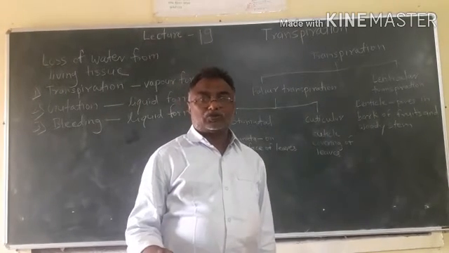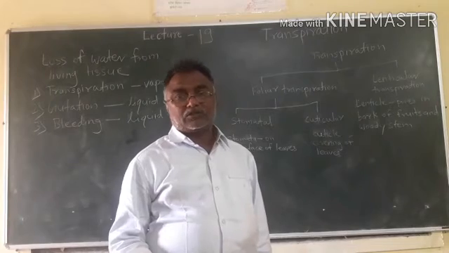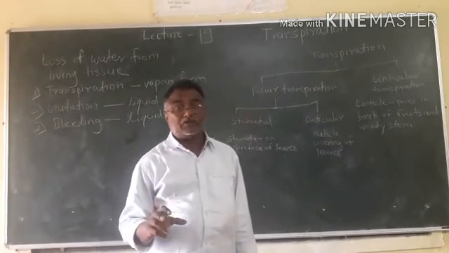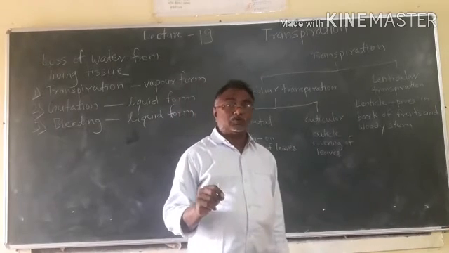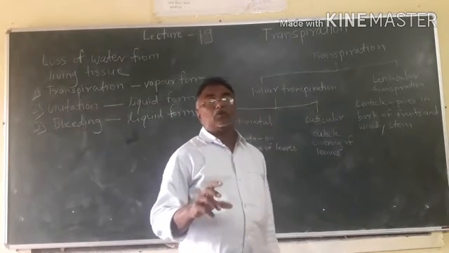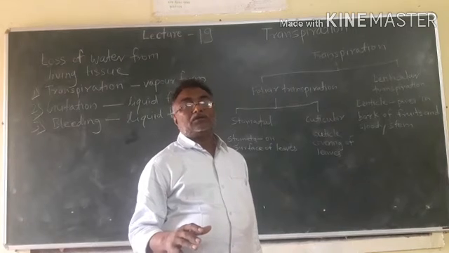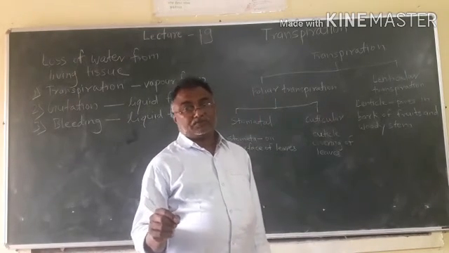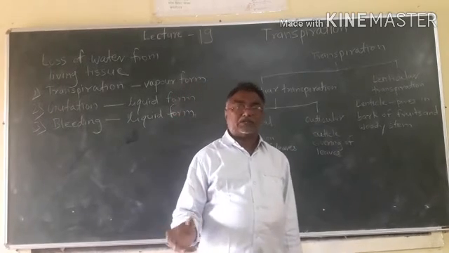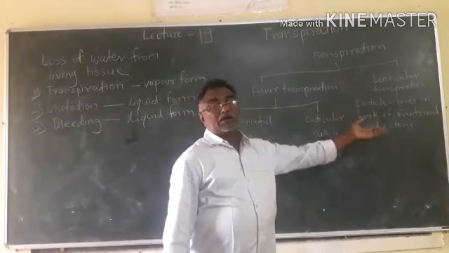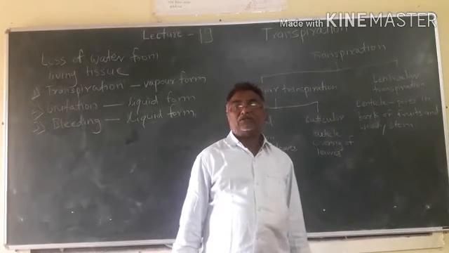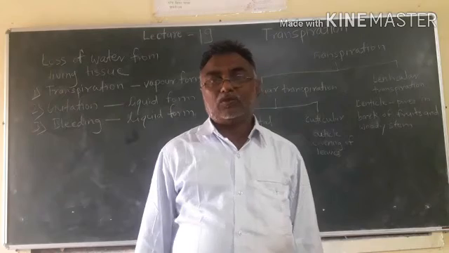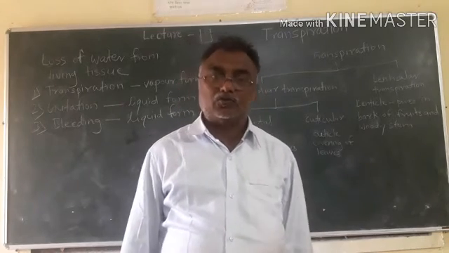So the bark of fruits contains pores called lenticels, and the woody stem of the plant contains pores called lenticels, through which water is given out in the form of vapors, and it is called transpiration.